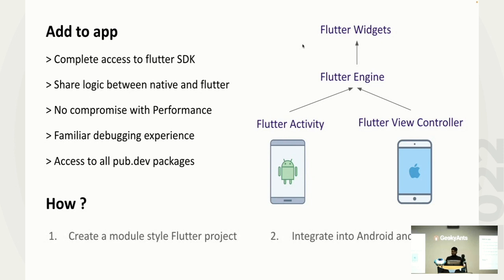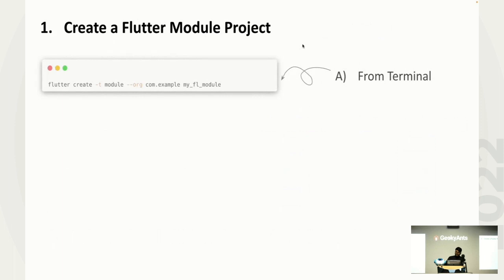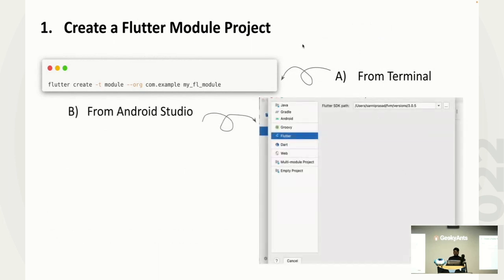So first you create a module style project, and then you integrate it, and we'll see the first one, creation. For creation you have all the familiar options. You can create a Flutter module project using the flutter create command, just select the type module, and the same goes for Android Studio.